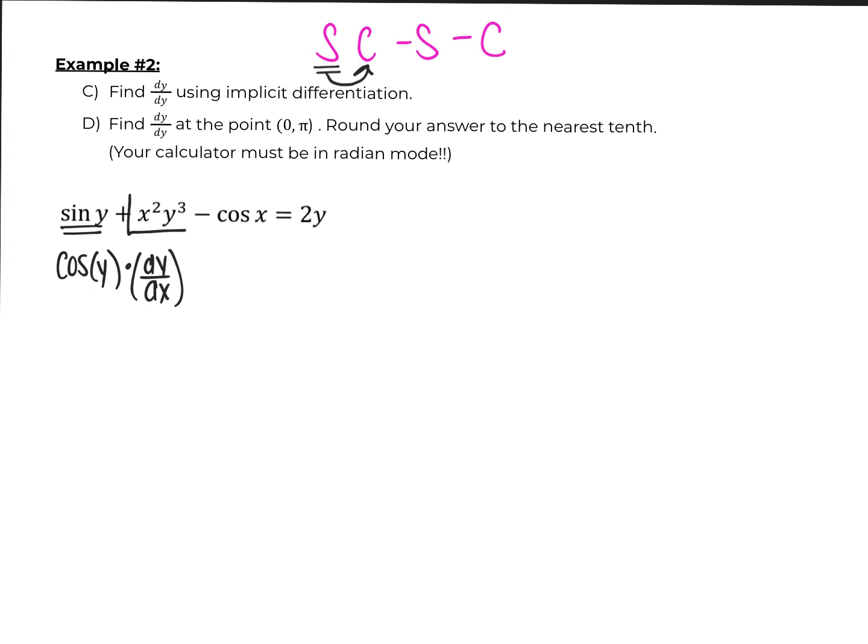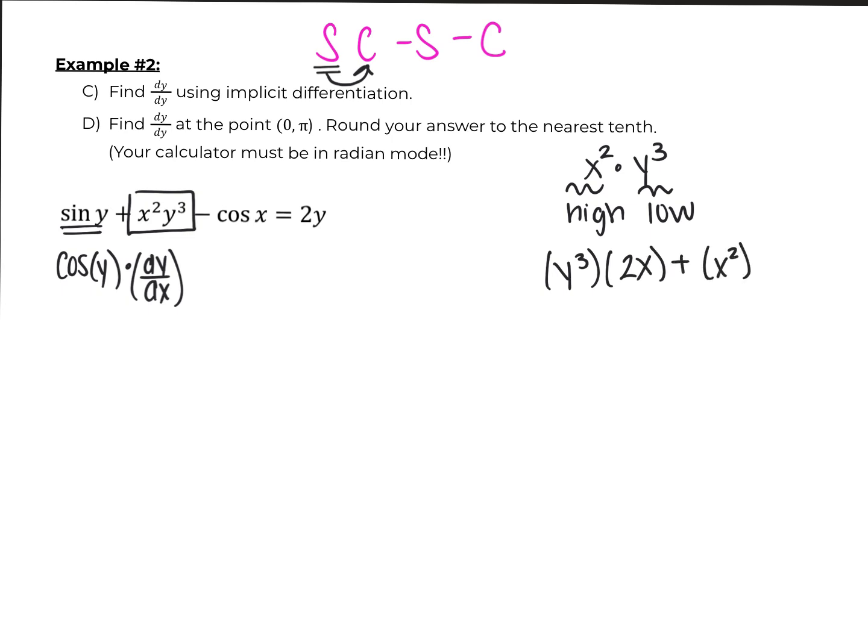Now this is a product rule. I have x squared times y to the third. So I'll call this my high and this my low. So we've got low first, low, times d high, which is 2x, plus high, x squared, d low, derivative of low, is 3y squared, but I took the derivative with respect to y, so I need a dy over dx.